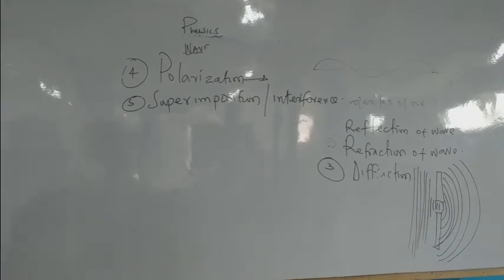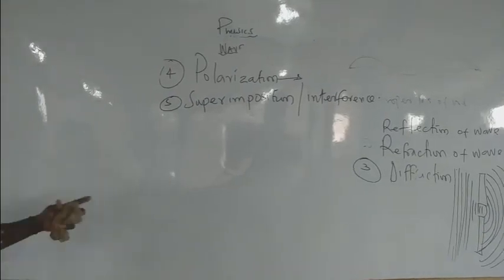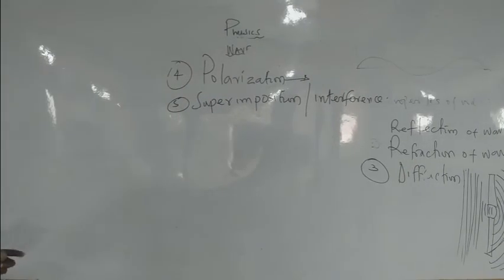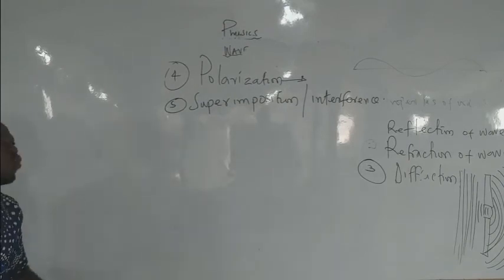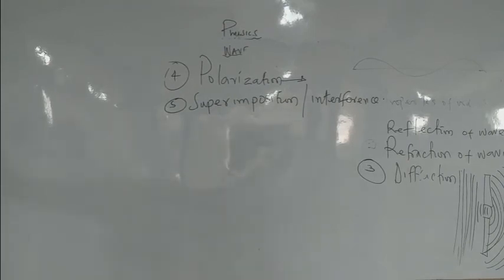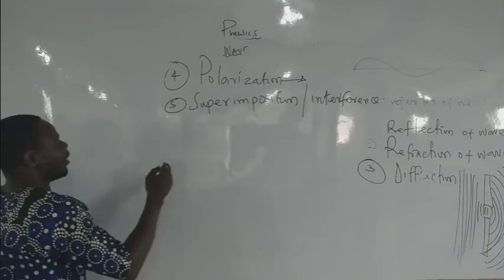When two waves travel together with irregular frequency, superimposition is the principle of combining them together. While interference occurs when two waves travel together in the same medium, and this interference is divided into two.